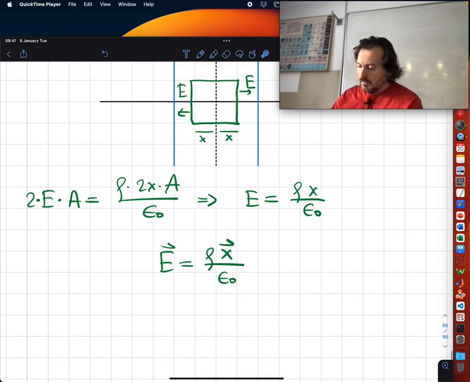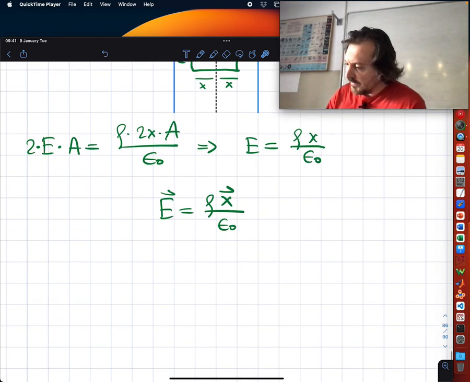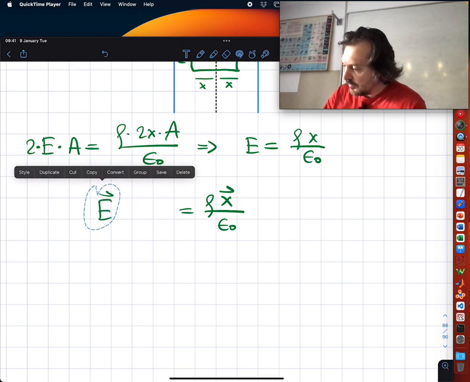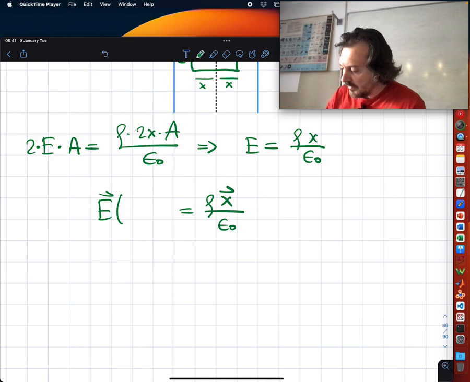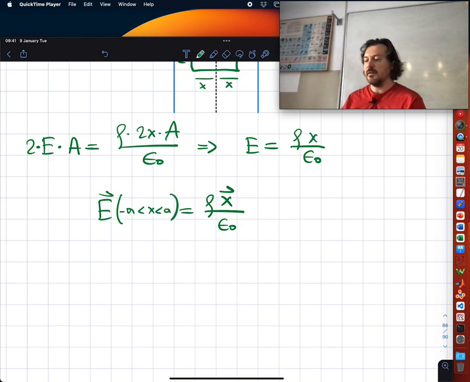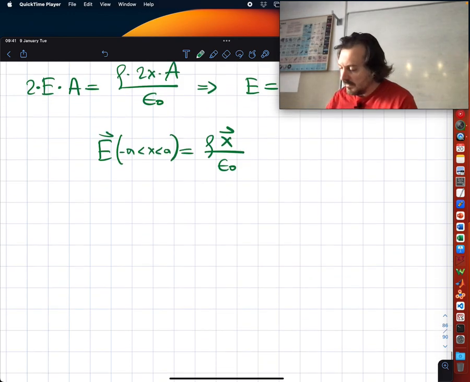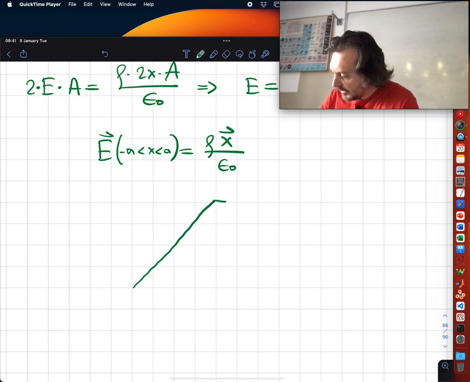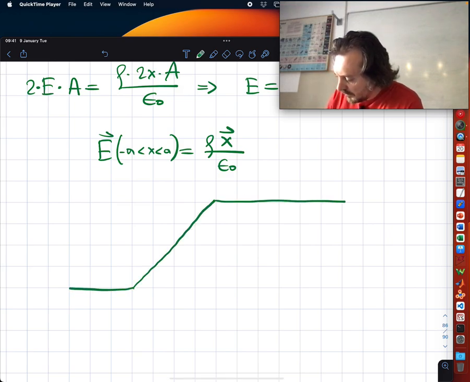So this is the value for E for the case when it's between minus A and plus A. Do you have any questions, comments? You see the electric field inside is changing, but outside it stays constant. It is like this.